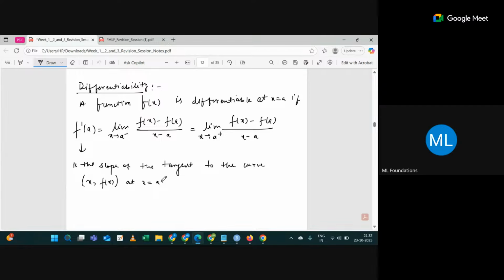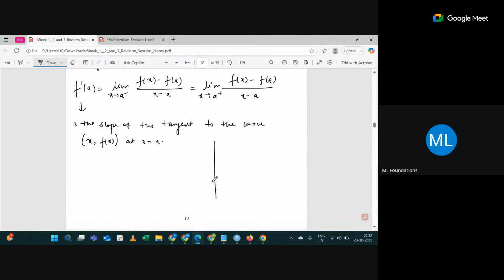Let me draw one quick graph. Suppose I have a curve something like this. Sorry for the bad drawing, but you got it, right? This is the idea of the slope of the tangent to this curve. Yes or no? Yes, sir. Is this clear? Yes, it is clear, sir.